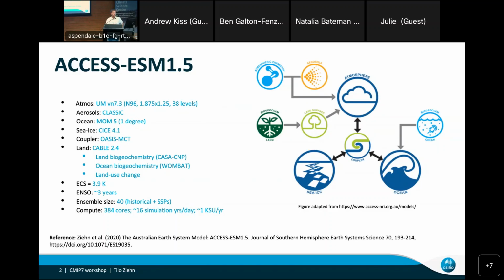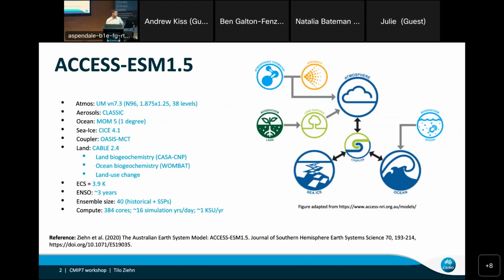For the land, we're using CABLE, version 2.4, including its biogeochemistry components, CASA-CNP. For the ocean biogeochemistry, that's represented through WOMBAT. And we are also using a very simple land use change scheme, which has its limitations, and Ian will talk a little bit more about this in his talk.